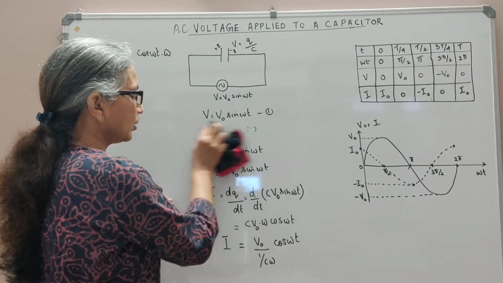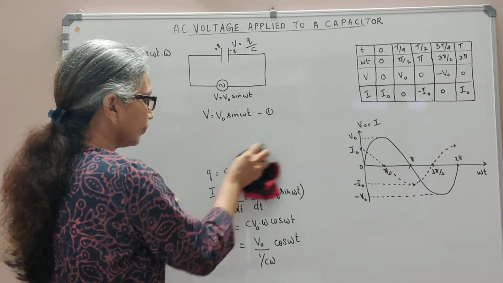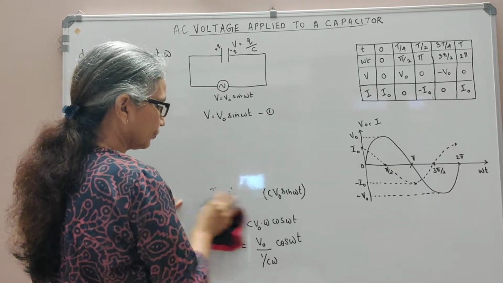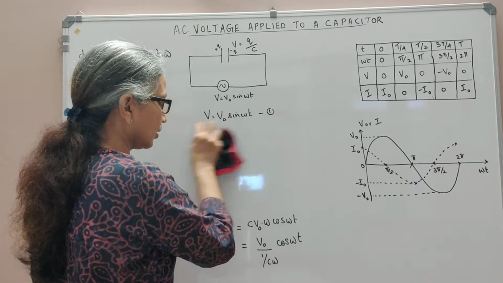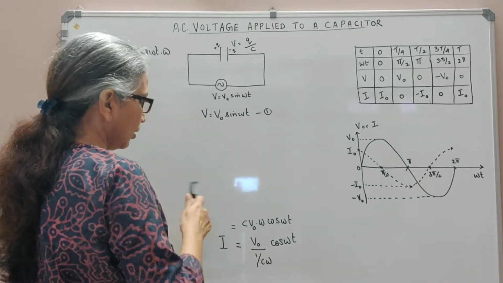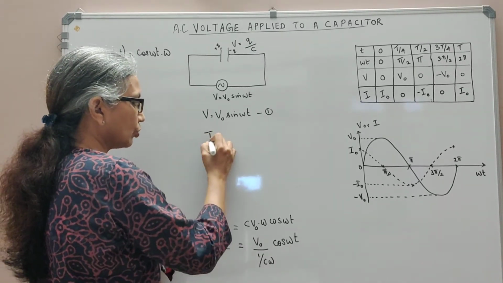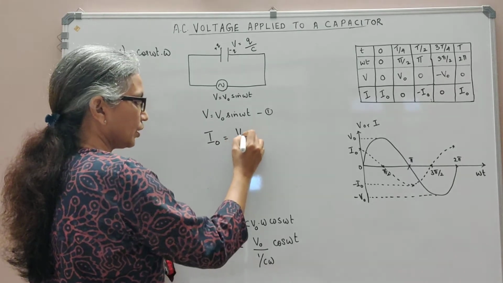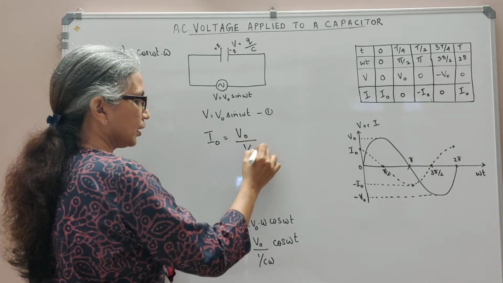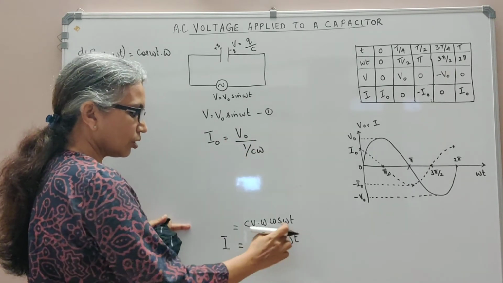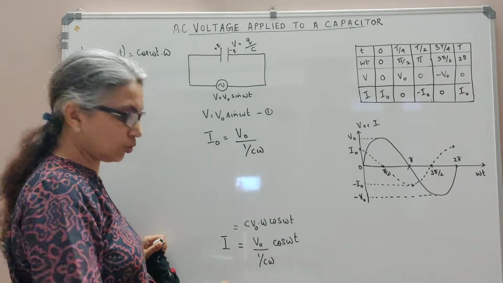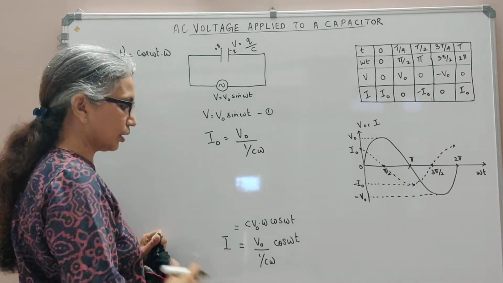So you can rewrite this as I0 equal to V0 by 1 by C omega, because cos omega t taking the value one would give you the peak value of current.